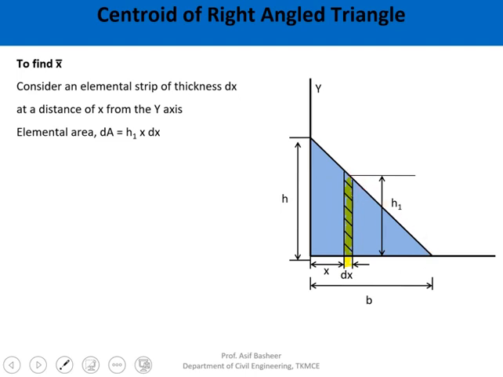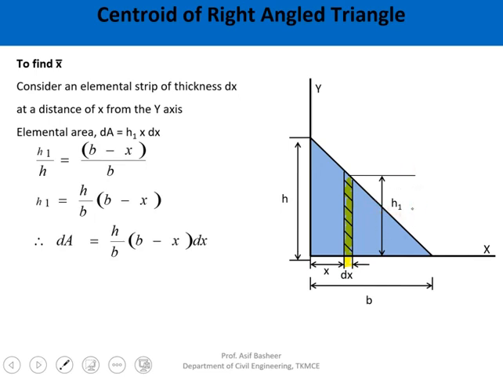So writing the similarity equation, h1 by h is equal to b minus x divided by b. Writing that, I'll get h1, and substituting in dA, I'll get dA is equal to h by b into b minus x dx.